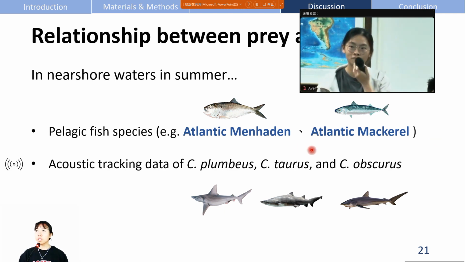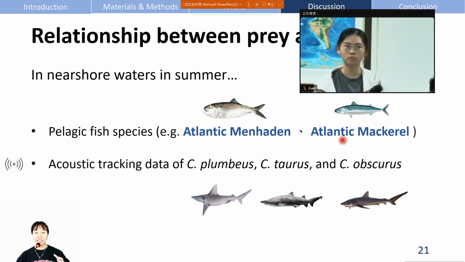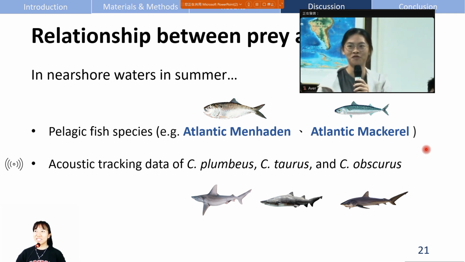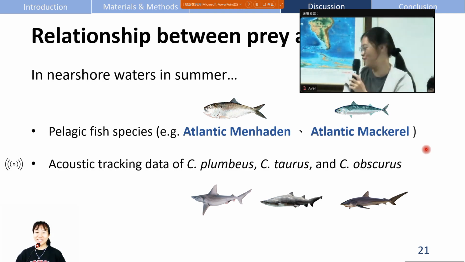I think no, because they only increase their presence in summer. So I think that they will also migrate. Yes. And I think only 11 fish species, very few. Yes. My data is more than 11. Thank you.